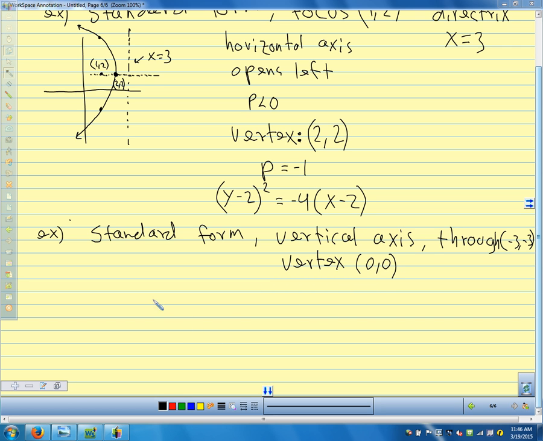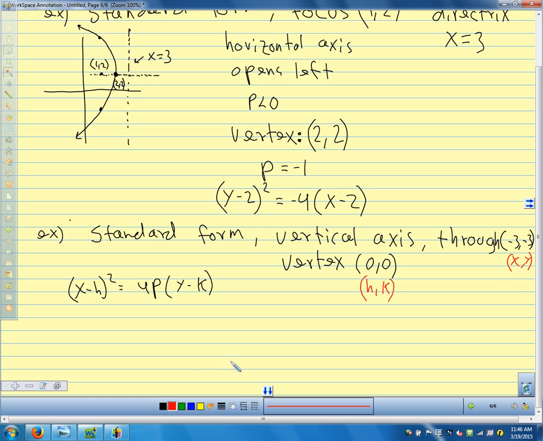We know it opens up, so it's going to be (x minus h) squared equals 4p (y minus k). This is our h and our k, right? We've used that a couple of times today. What part of our equation does this point tell us? That's an x and a y.